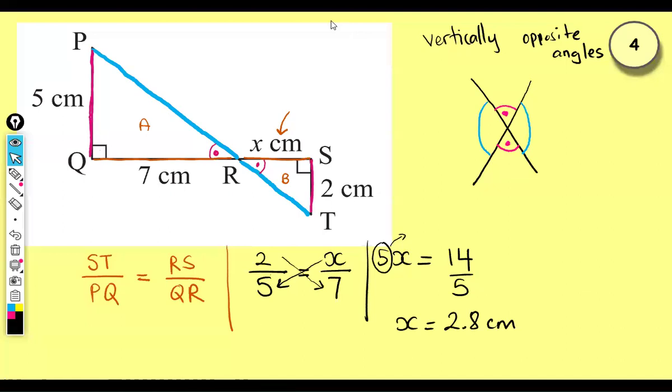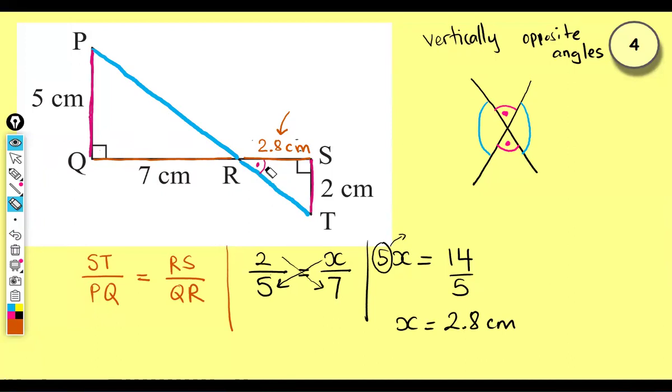For those who got it wrong, you think you understood your mistake area. So we just figured out this length here was 2.8. So from R to S is 2.8 centimeters.